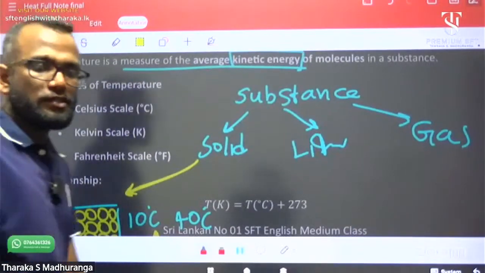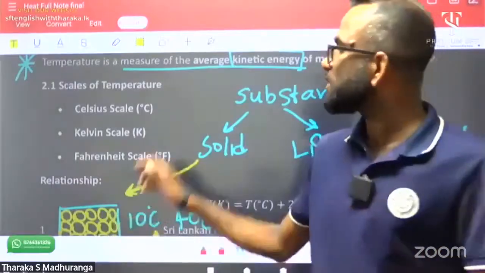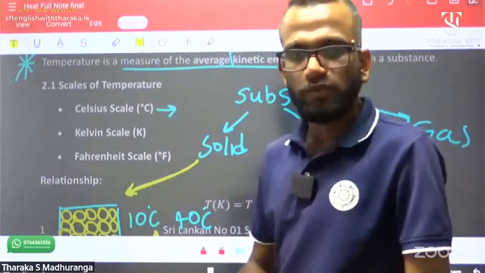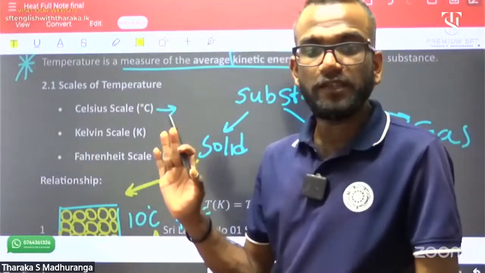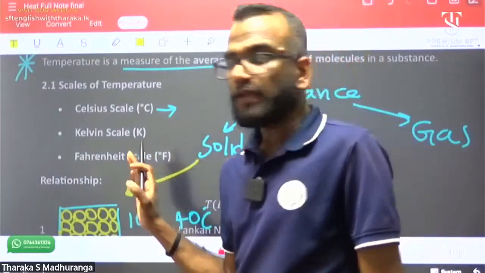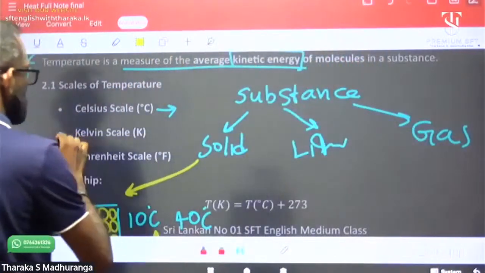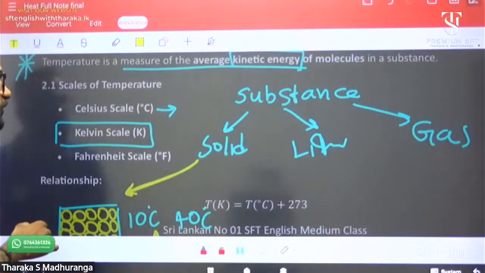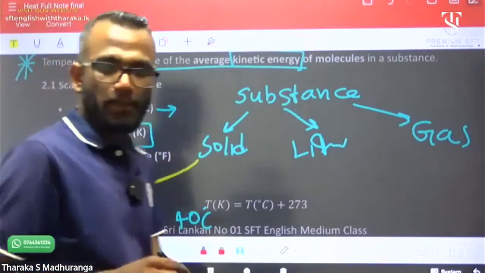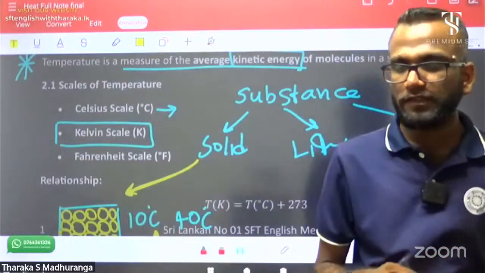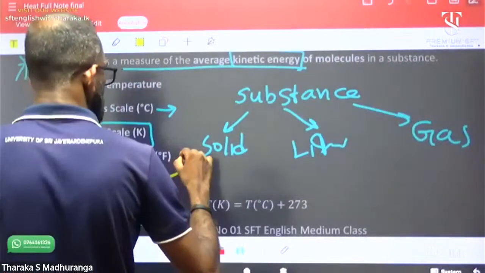Scales of temperature. Celsius is the mostly used one, but Celsius is not the SI unit. Kelvin is the SI unit of temperature. Mark this. Additionally, we can use Fahrenheit.